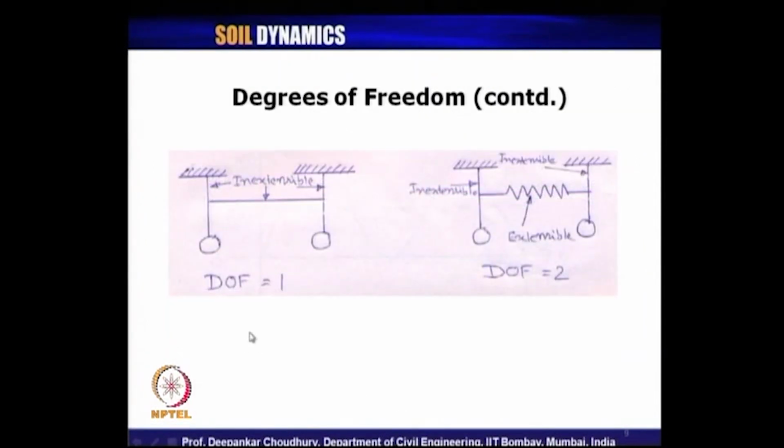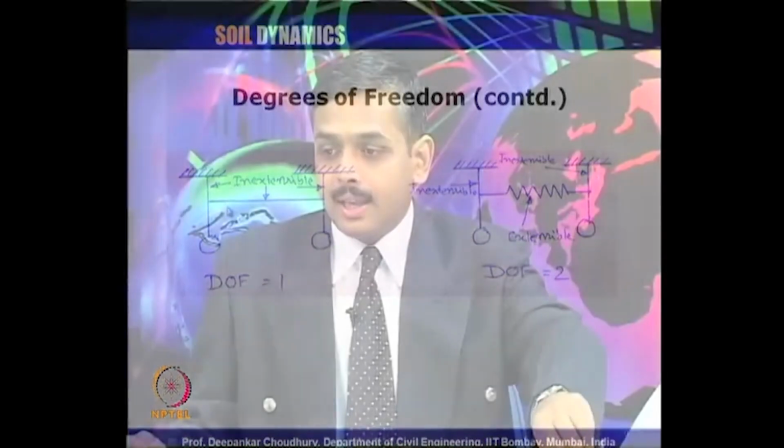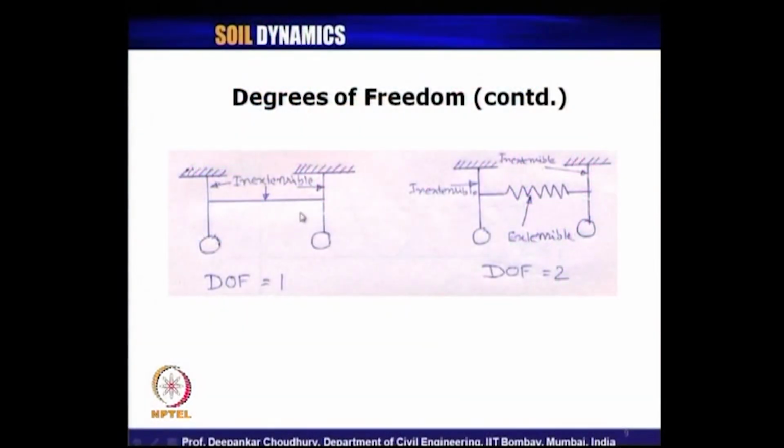Let us take some more examples on this. If we take two simple pendulums, let us look at the figure here. Two simple pendulums connected by a rigid rod, and all these three rods are inextensible in nature. In that case, what is the degrees of freedom of the system? That is 1. Why? Because if we apply a dynamic load to the system, at any point of time, to know its new or displaced position we should know the angle theta.